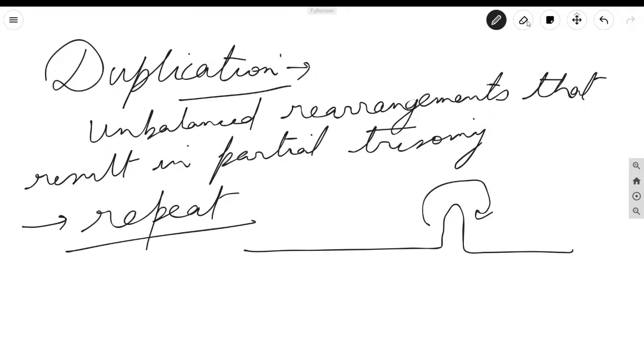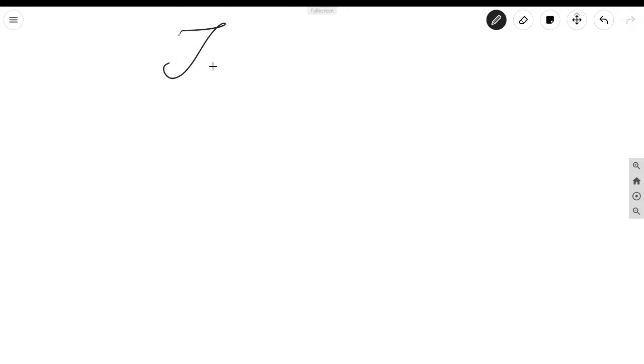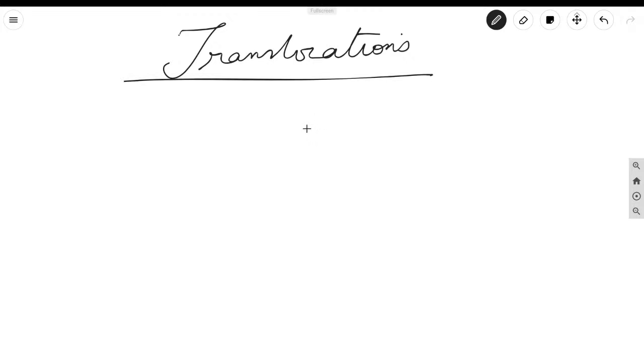Then we have translocations. So in translocations, what happens?